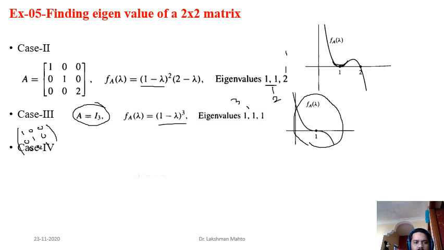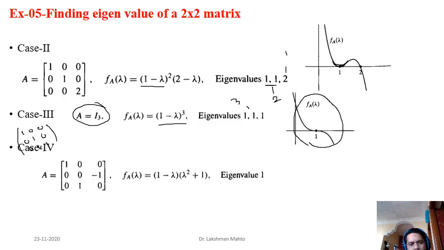Now the fourth case, where we have a matrix like this, and here the characteristic polynomial is (lambda minus 1) into (lambda square plus 1). If you equate the first factor to 0, you get only one real eigenvalue, that is equal to 1. And if you equate the second, quadratic factor, lambda square plus 1 equal to 0, you won't get any real eigenvalue.